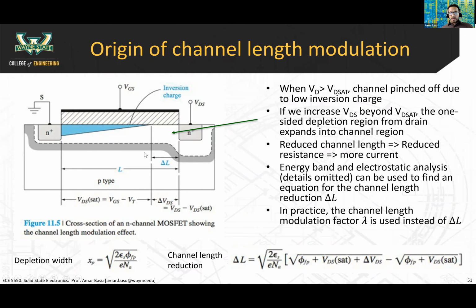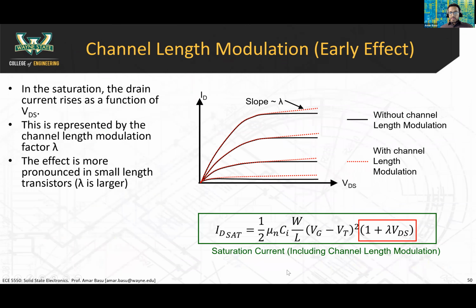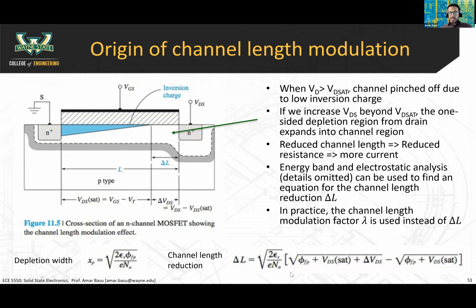So as a result of this depletion region getting wider, this delta L becomes larger, and you have this channel length modulation effect. Now, you'll notice in the saturation equation, we don't see anything related to this phi FP term or the substrate doping and epsilon S. You don't see any of this stuff.